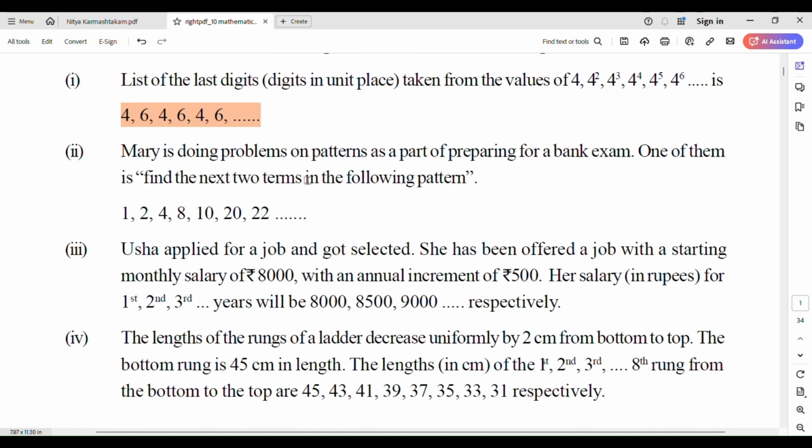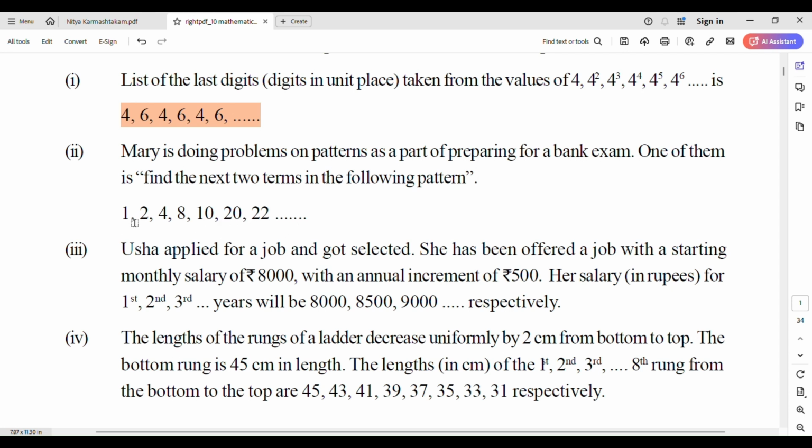Another example: Mary is doing problems on patterns as part of preparing for a bank exam. One of them is: find the next two terms in the following pattern. 1 2 4 8 10 20 22, like this.